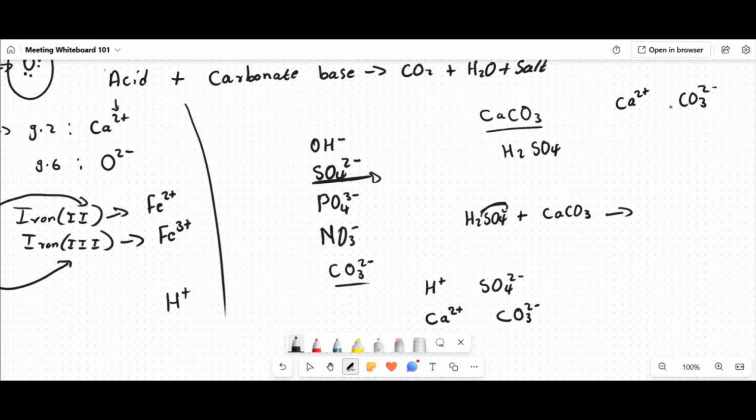CO3 2 minus, when I mix them, these two will come to this side. And then this one, the negative 2 will come to that side, which means at the end I have Ca2(CO3)2, right? This is what I have. You cross multiply, but you don't take care of the negative signs there.